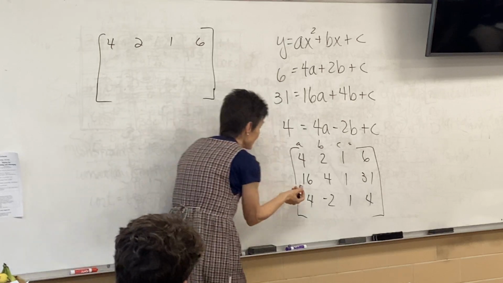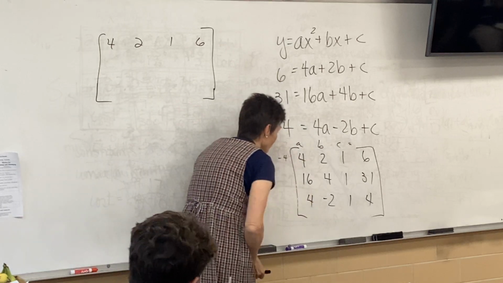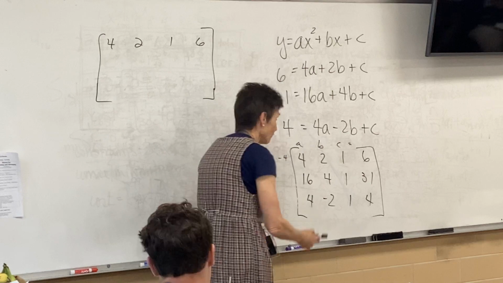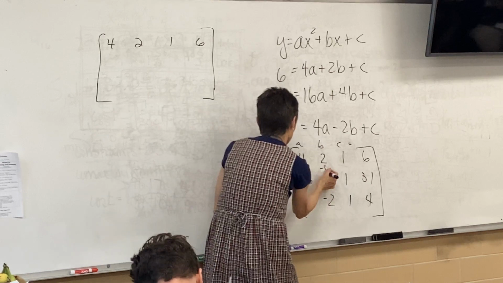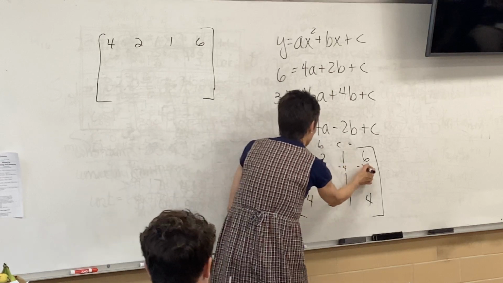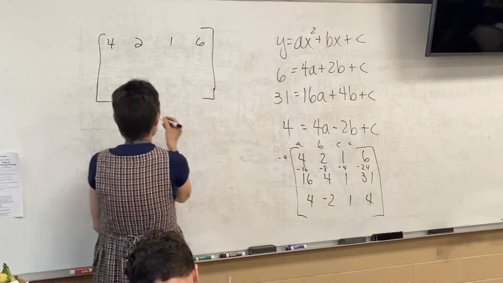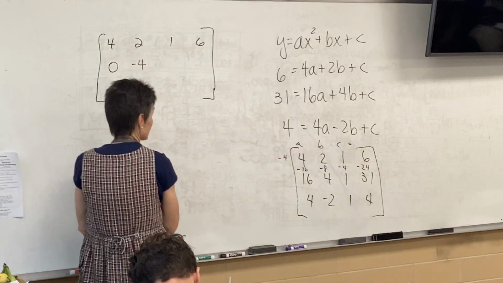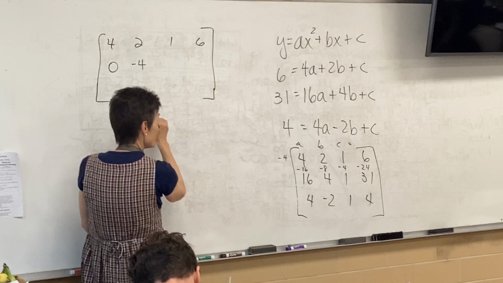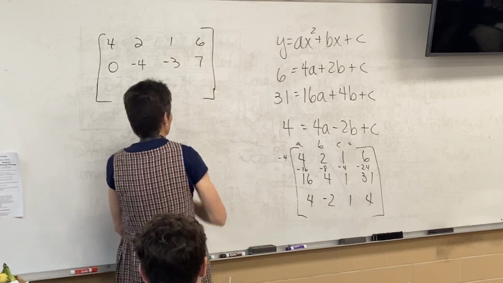So I need to make this a 0, so I'll multiply the top row by -4. And I get 0, -4, -3, 7. Don't let me make a mistake.